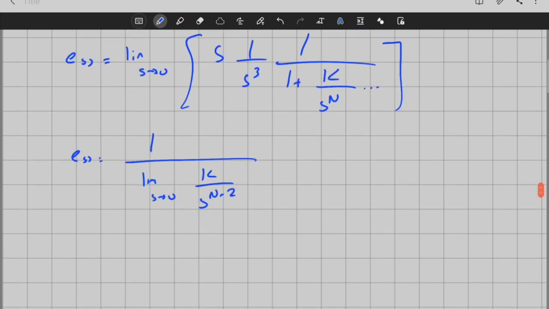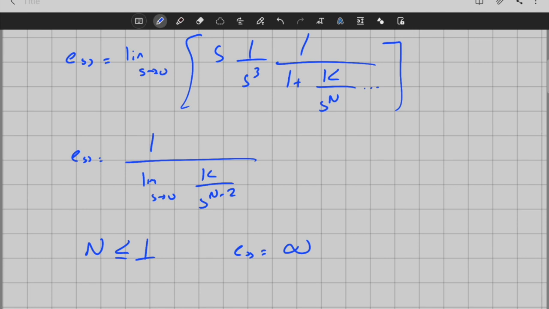So let's analyze it. If n is 0 or n is equal to 1, in both cases it will be s to the power minus 2 or s to the power minus 1. If I plug in s equal to 0, this part will go to 0, and 1 over 0 is infinity. So the steady state error is equal to infinity. If the type of the system n is less than or equal to 1, I have a terrible steady state error.